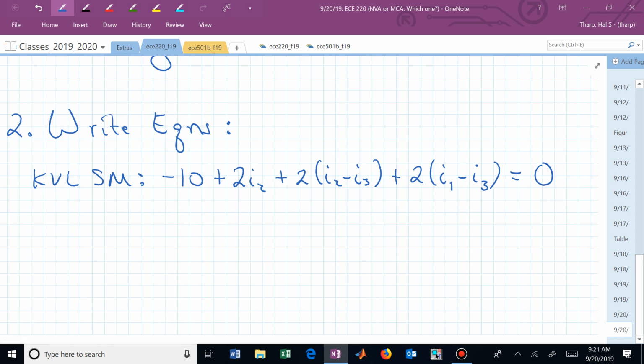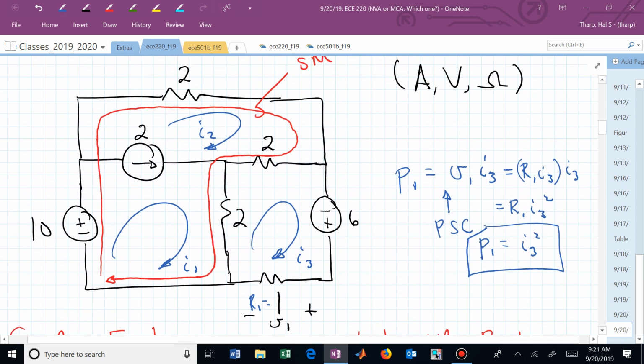Good. Now that we wrote a super mesh, that basically says we have to find another equation, because we've basically burned two meshes with that super mesh. We need to find another relationship for these mesh currents. And how do we do that?